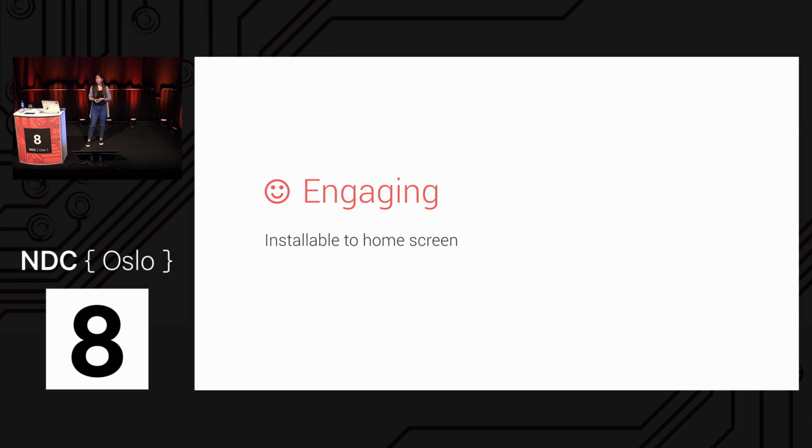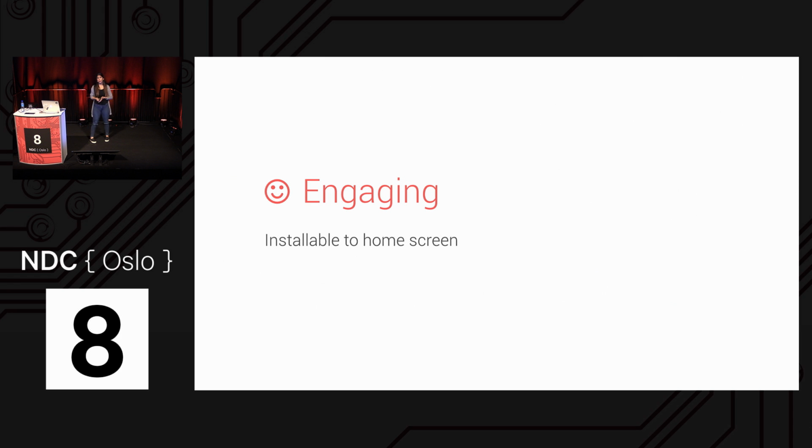A progressive web app is engaging. Users are more likely to use a PWA rather than a mobile website due to the fact that you could install it to the home screen and have push notifications, which increases the conversions and increases the engagement.